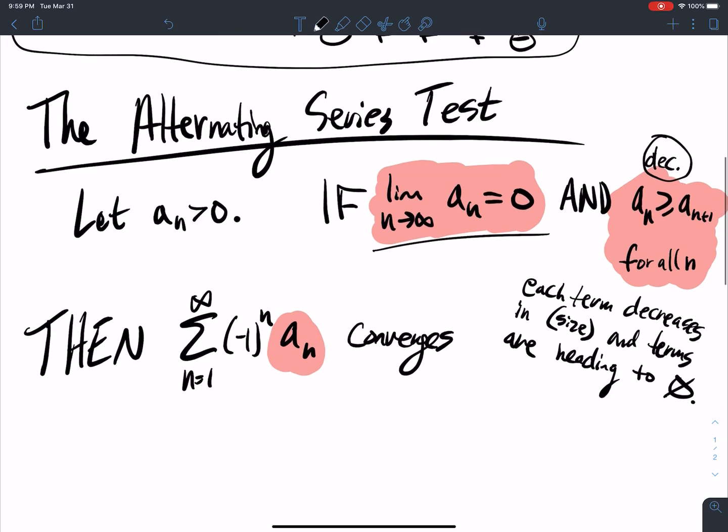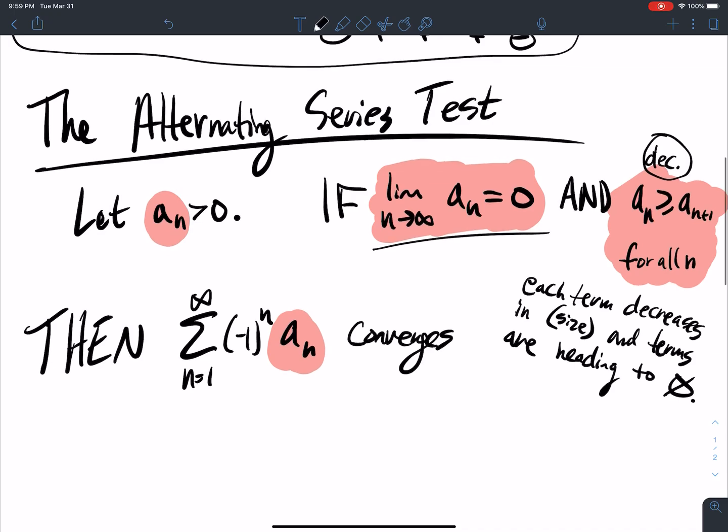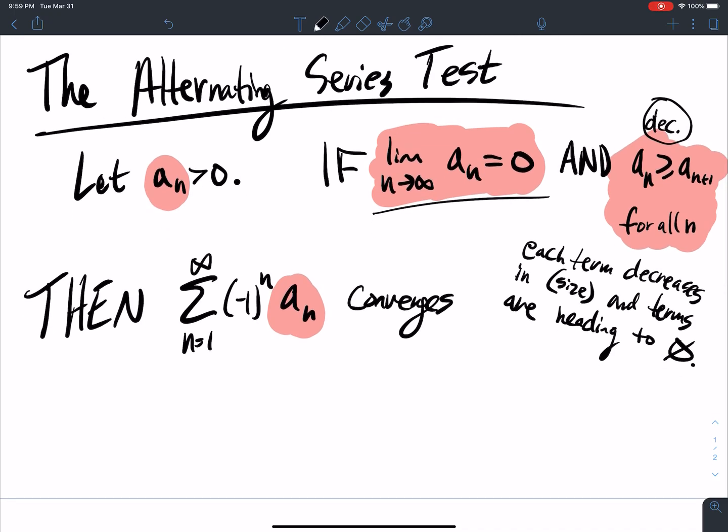That's why we can look at just the positive a_n's there. So all I have to do is show that the sequence is limiting to 0, and that the sequence is not decreasing but non-increasing.